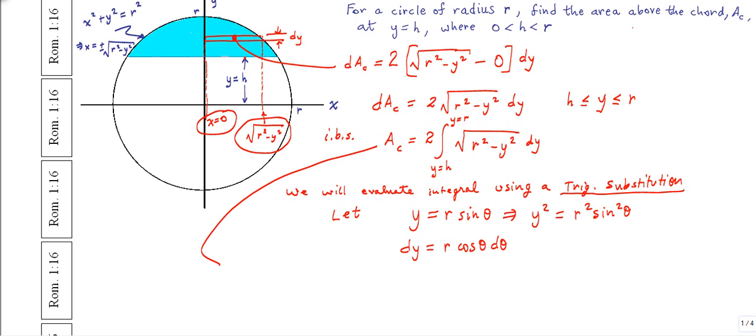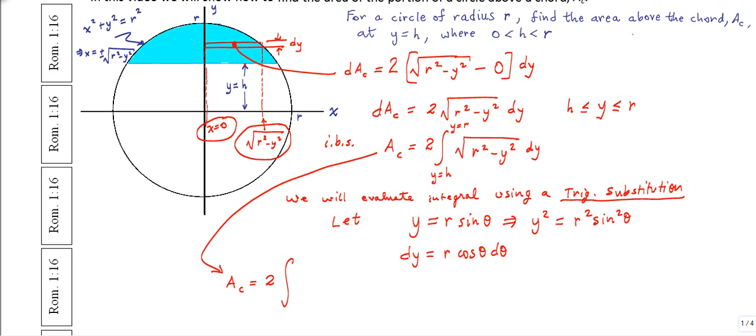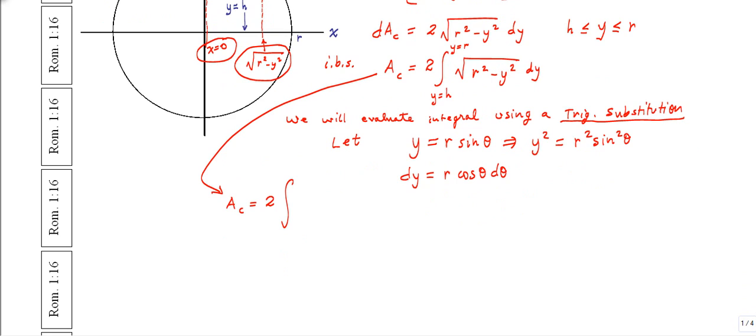Okay, so let's do that here. I'm saying that a sub c, which is what we're after, is equal to 2 times the integral of, and we're going to integrate now not with respect to limits on y, but limits on theta. So I'll just put a theta here as a placeholder. That reminds me that we're changing our variable here.